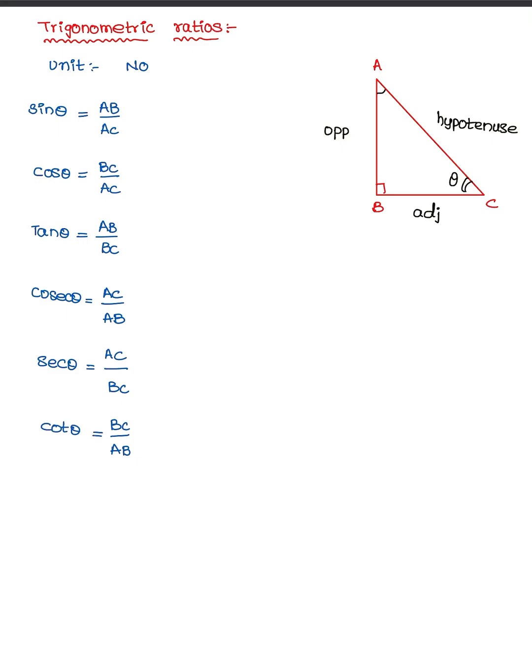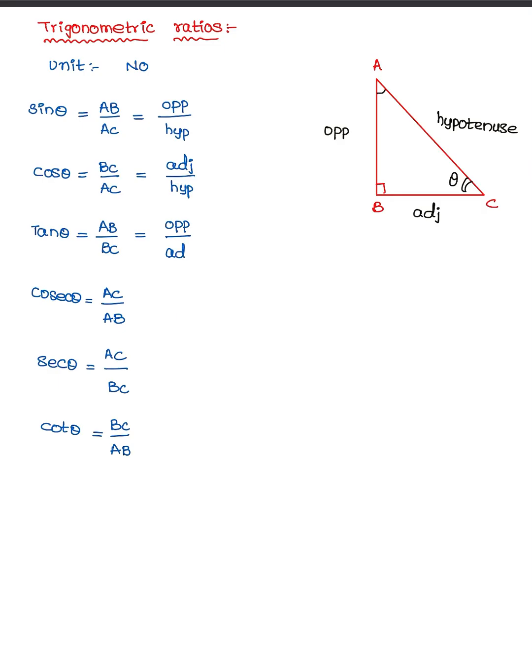Observe carefully: AB is the opposite side to theta upon hypotenuse AC. This is the adjacent side to theta upon hypotenuse. This one is opposite upon adjacent.